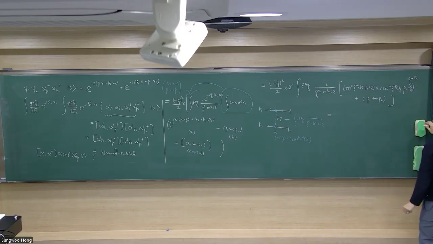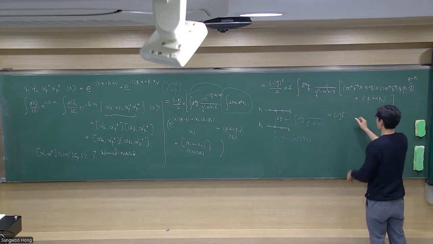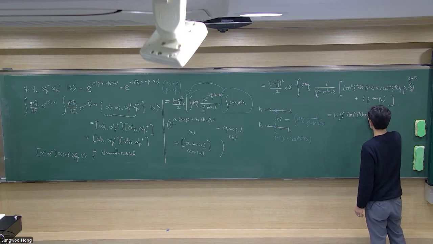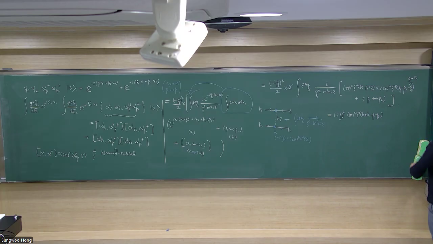Yes, this is good. So that's what we're going to get. My claim is that you get this, and then you will get an overall momentum conserving delta function of the form K1 plus K2 minus P1 minus P2, the difference between the final full momentum and the initial full momentum.